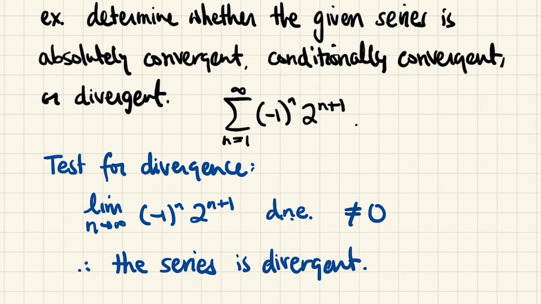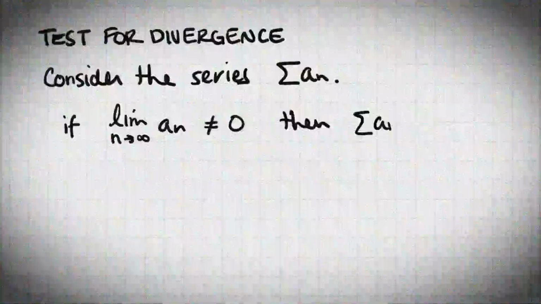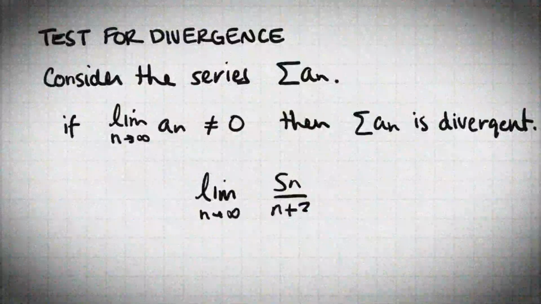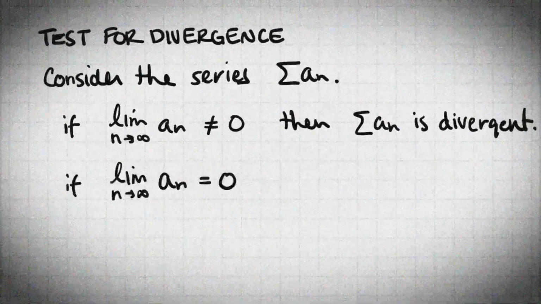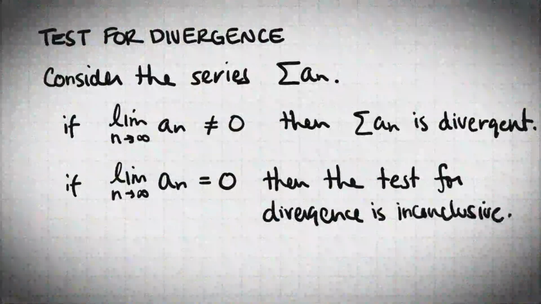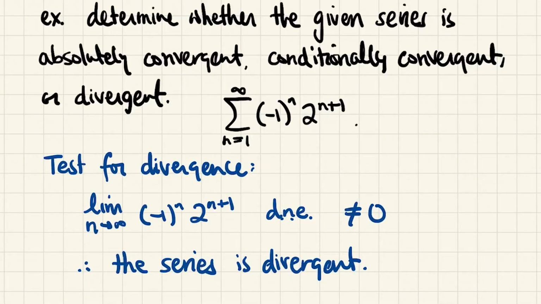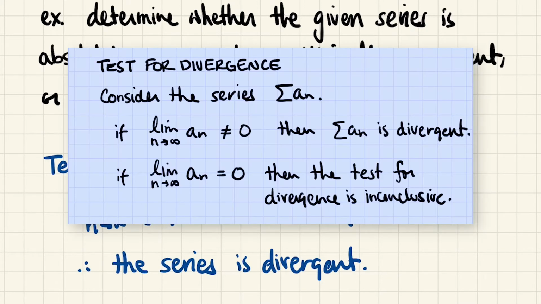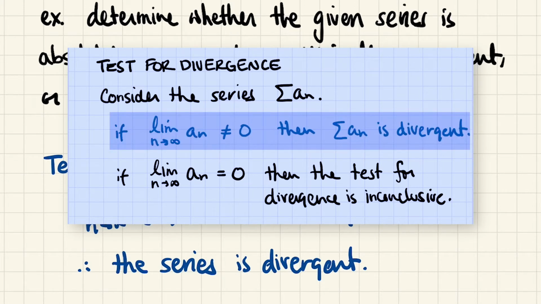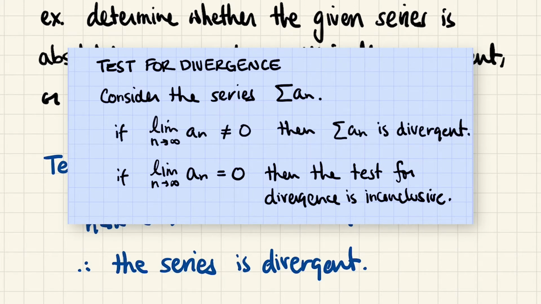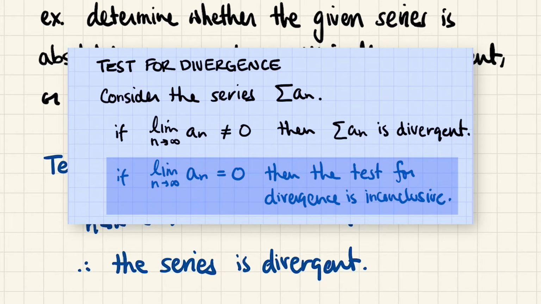Let me just remind you something about the test for divergence. I said it back when I was introducing this test, but that was so early in the game that what I said may not have resonated at the time. So I'm going to repeat that. That was that the test for divergence can never be used to establish convergence of a series, right? It either is going to show you that the series is divergent because the limit approaches something other than 0, or the test is inconclusive, right?